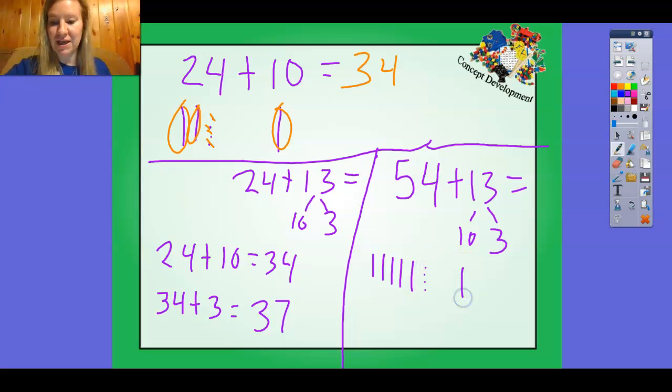And then we have our 10 and our 3. So we can add these up, count our groups of 10. 1, 2, 3, 4, 5. Now we have 6 groups of 10. And let's count our ones. 1, 2, 3, 4, 5, 6, 7 equals 67. So that's one way that we can figure out a number problem by using the quick tens drawing.